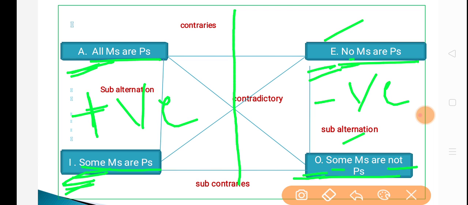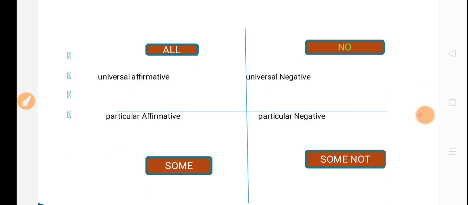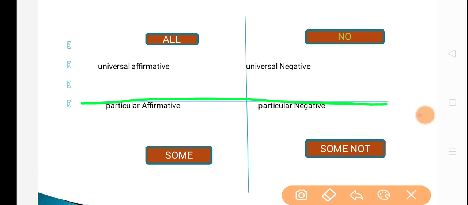Then we are going to understand each side of this through this picture. Here there is a line. Above the line is universal proposition. Proposition means just a statement.